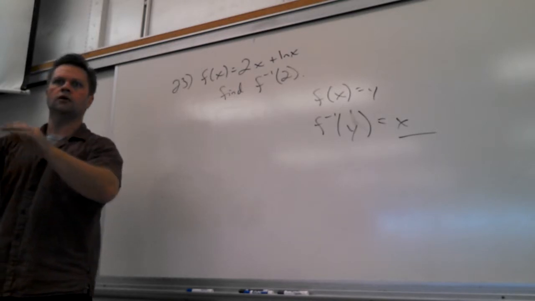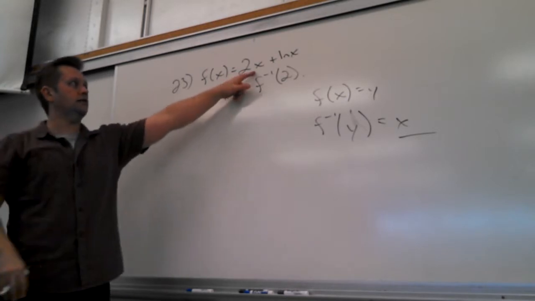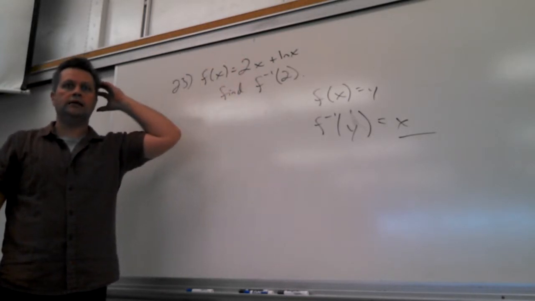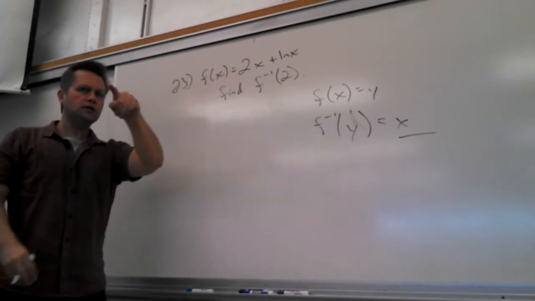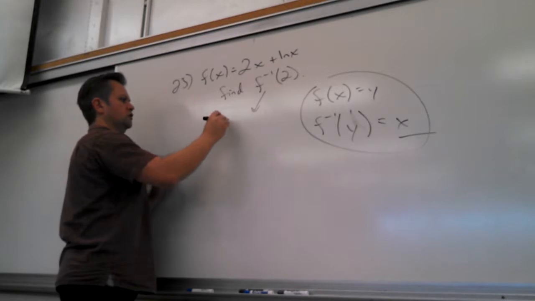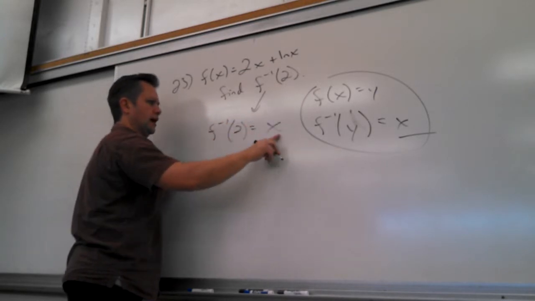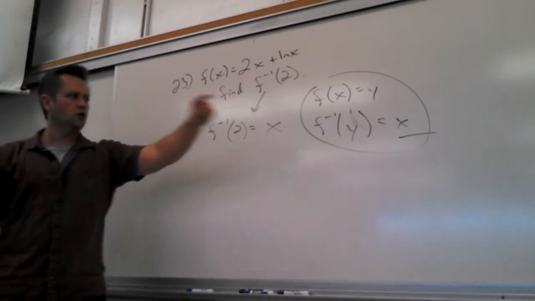Switch x and y. Yeah, but when I try to do that... Don't do that. Because you can't. You can't get this guy's inverse. It's not easy. It's very, very crazy. So what you think instead is, what is this really asking you? F inverse of 2 equals what x? So undo the inverse. Go back.